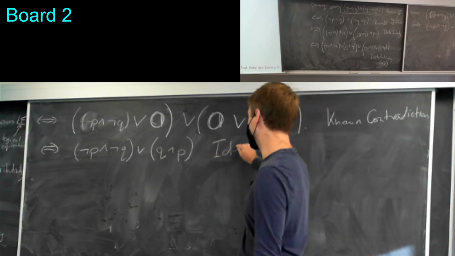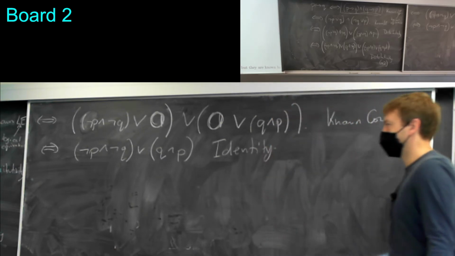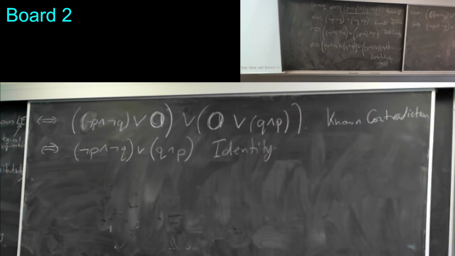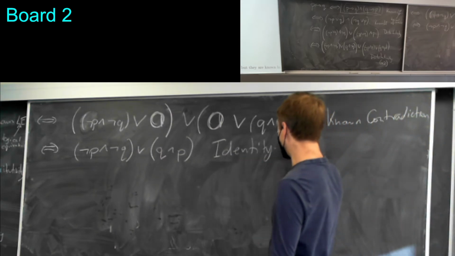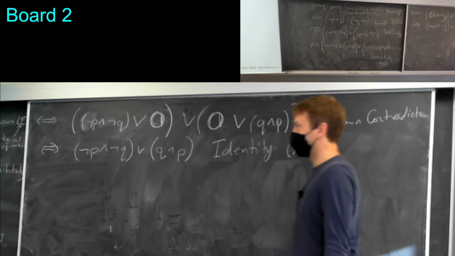I think the important thing is really to explain what you're doing. Probably if you explain everything really well, you can do whatever you want, but the safest thing to do is to do loads and loads of steps like this. So this is the identity rule times 2 on each of these.